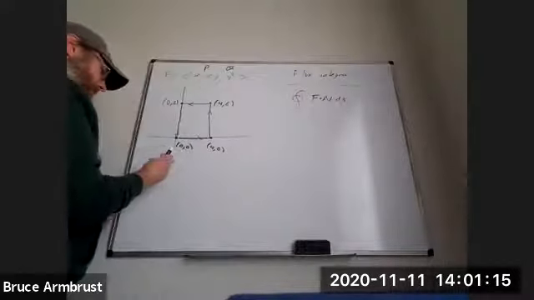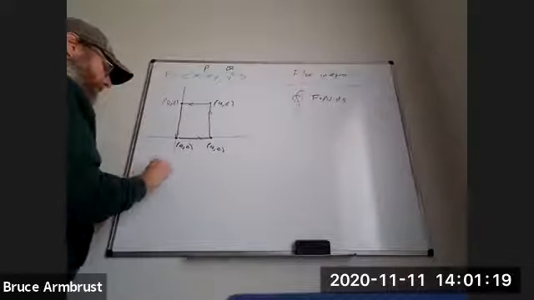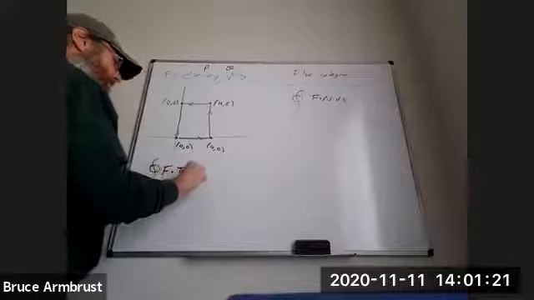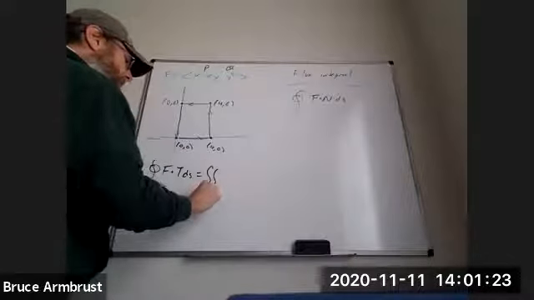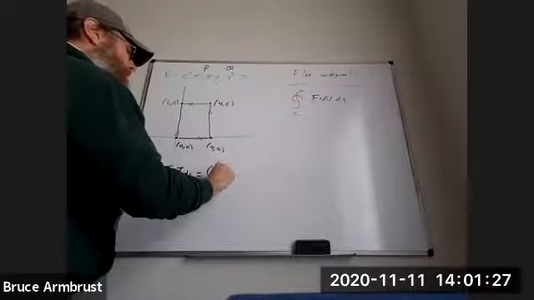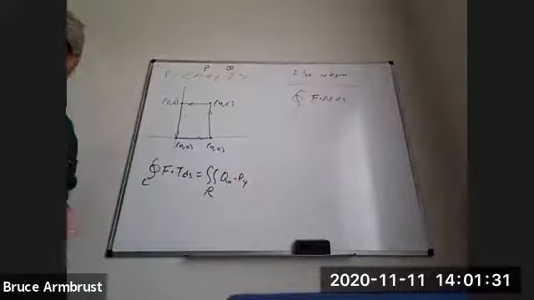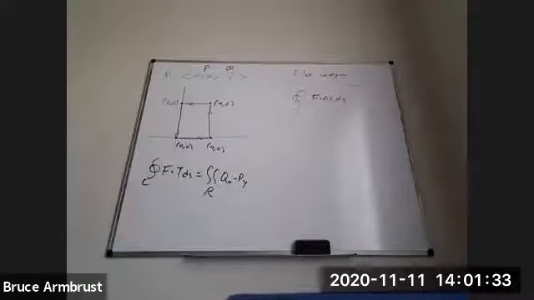Okay, so think about how this was playing out for the work integral. Let me go ahead and rewrite Green's theorem here. It was F dotted with T ds. And so it was the double integral of the region of Qx minus Py. Okay, well, let's just think about what we're going to do.